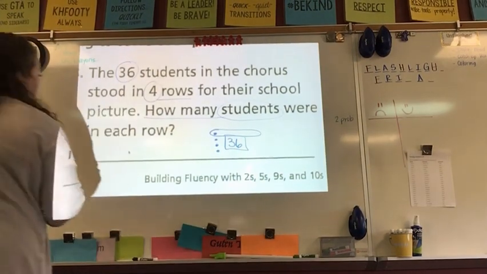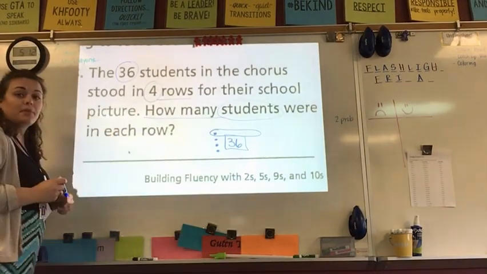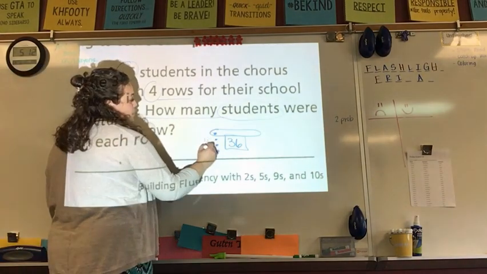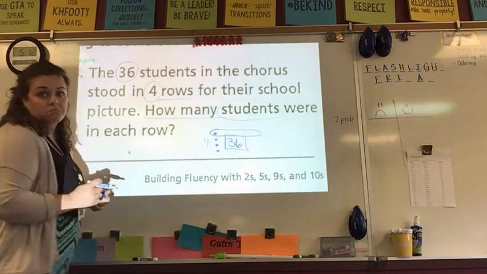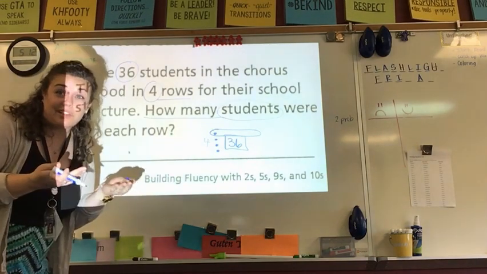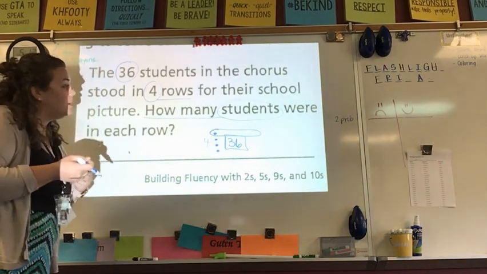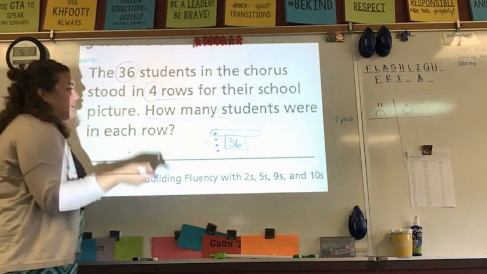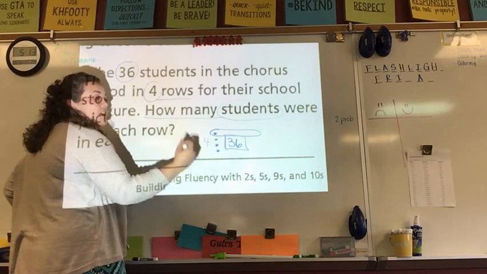So if you are finding that unknown there, you can do a couple things. First, you could count by fours up to 36. We don't know our fours super well, so we probably don't want to do that. You could also just use your fours, count bys and list them. So 4, 5, 6, 7, 8.